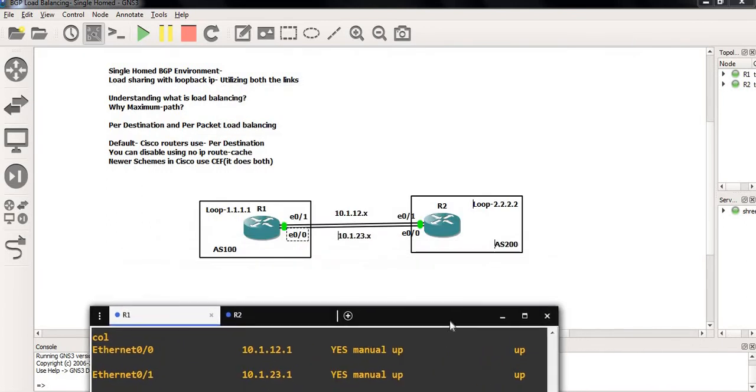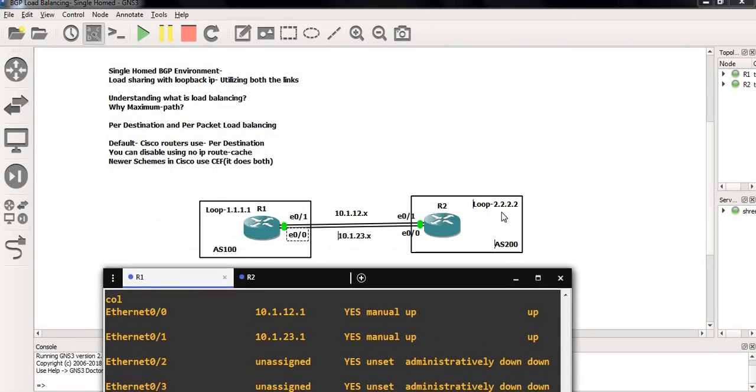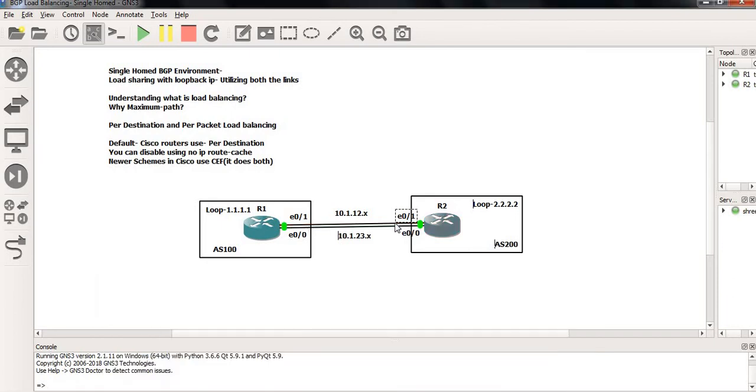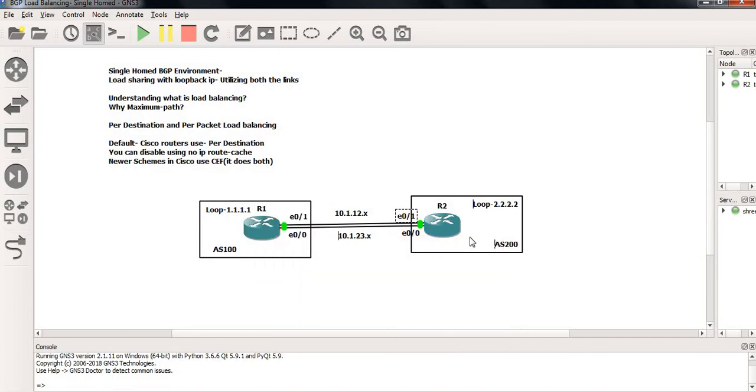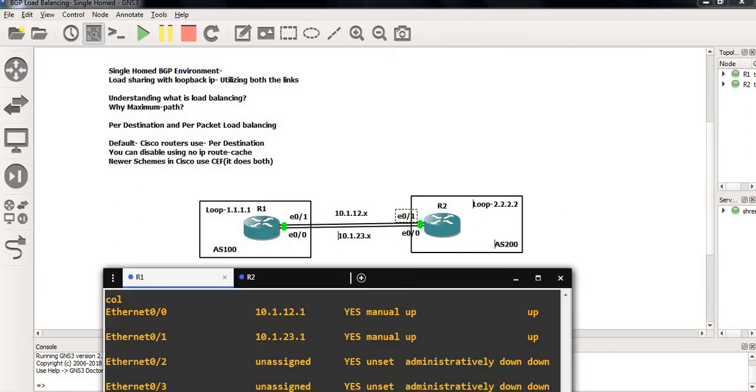Okay, so since I have the loopback interfaces, we are going to configure the BGP neighborship with these loopback IP addresses and not with any of the interface IP addresses, because let's say I have configured BGP peering with 10.1.12.2, and if this link goes down, then you don't have the connectivity and the BGP will go down. So the best option for us is to configure loopback IP addresses on the router, and we form a BGP neighborship with the loopback IP addresses. This is the reason we have configured loopback IP addresses, so that we can form a BGP neighborship there.